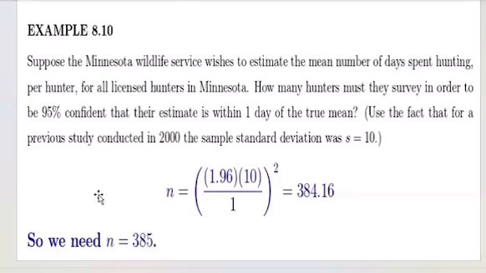It's going to be 385. What am I trying to tell you? If they want a margin of error within 1 day and a level of confidence of 95%, they should be ready to investigate 385 hunters.